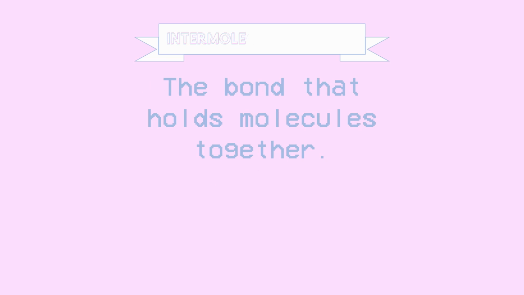On the other hand, intermolecular forces are those bonds that hold molecules together. For instance, a glass of water contains numerous molecules. These molecules are held together by intermolecular forces. The strength of intermolecular forces is important because they affect properties such as melting point and boiling point.